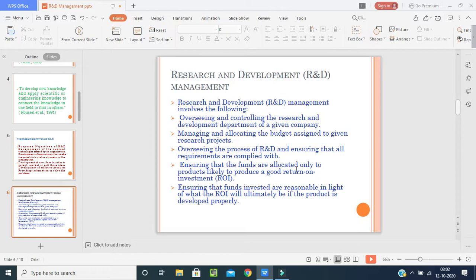Then this is called proper, and for this process they will develop whatever things or strategies are needed. If the product is developed properly, then we are expecting the return on investment. So all these things will be taking place by the R&D department people.